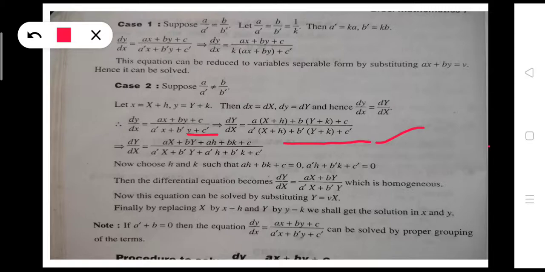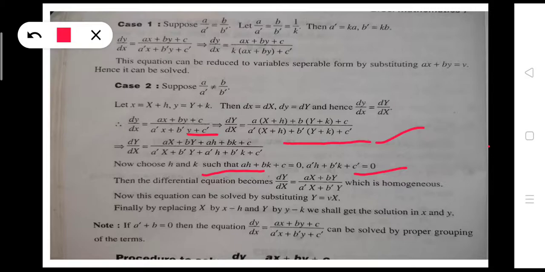This is also written as (aX + bY + ah + bk + c)/(a'X + b'Y + a'h + b'k + c'). Now choose h and k such that ah + bk + c is equal to 0 and a'h + b'k + c' is equal to 0.